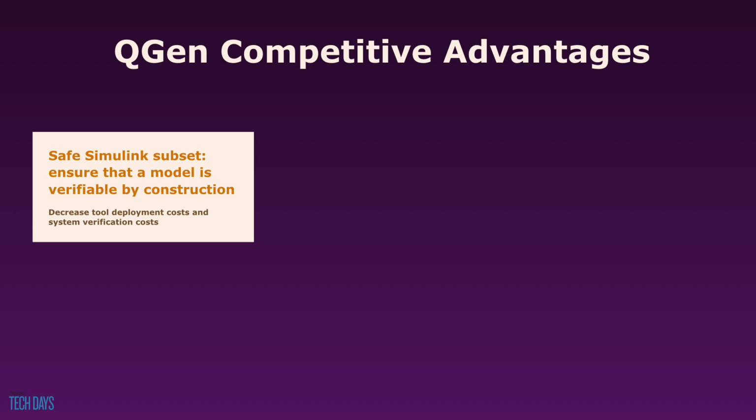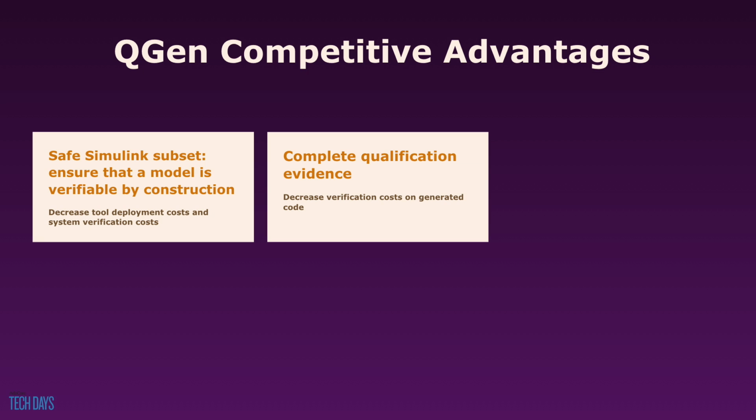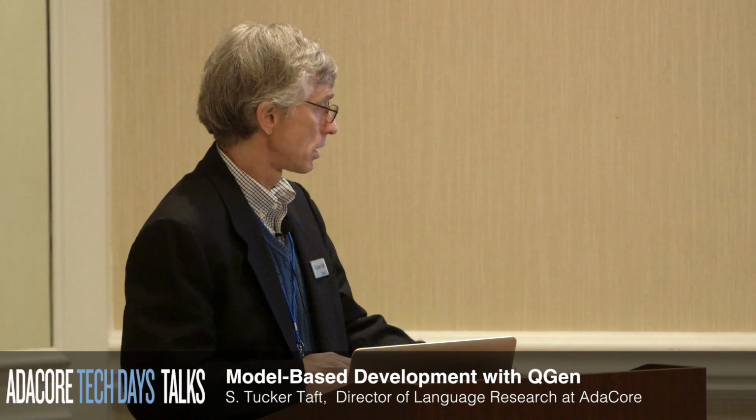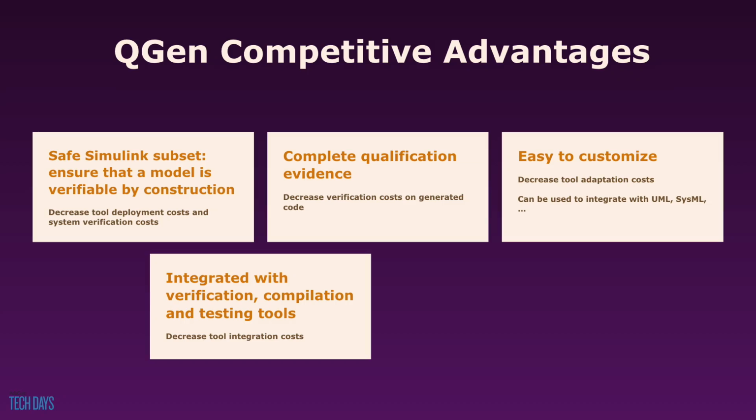It will come with qualification evidence so that you can create a qualified environment for your development, and it has a lot of customization capability, so that if you, for example, have a special target that has, let's say, vectorization capability, and you would like to use some of those vector instructions, then you have the ability to inform QGen how to use those special libraries or special instructions. As I mentioned, it's integrated with our various tools for doing compiling, debugging, verification, and so on.